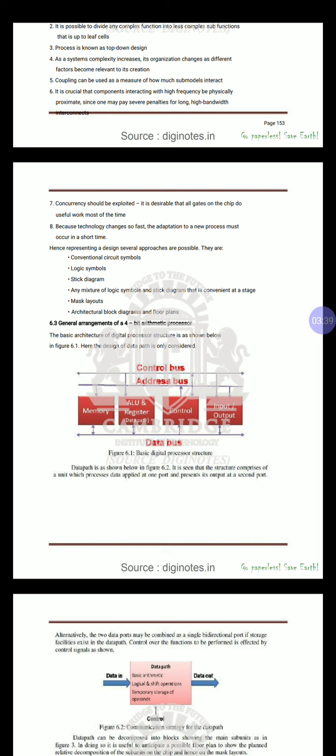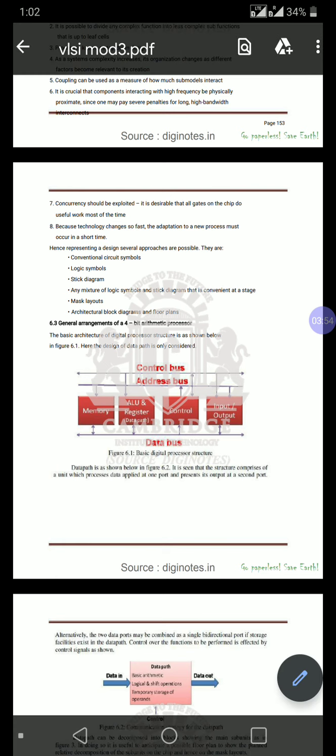Next here we'll discuss general arrangements of a 4-bit arithmetic processor, which consists of 4 elements: memory, ALU and register, control, and input output. There are 3 buses: data bus, control bus, and address bus. It is seen that the structure comprises a unit which processes data applied at one port and presents its output at a second port.